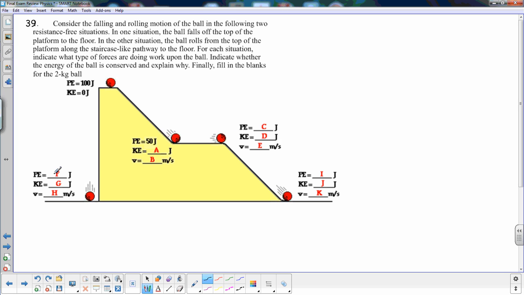Coming here, if that's 50, that's got to be 50. And 1/2 mv squared equals 50 joules. Half of 2 is 1. So v squared equals 50. So v is going to be about 7.